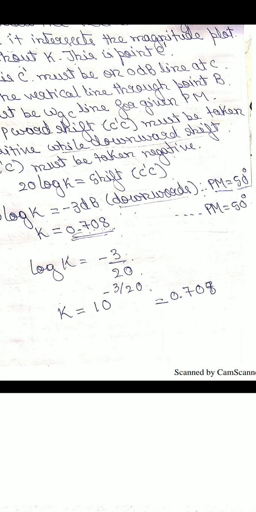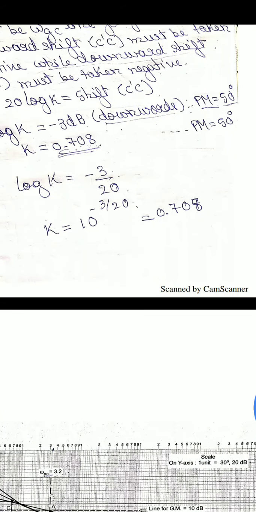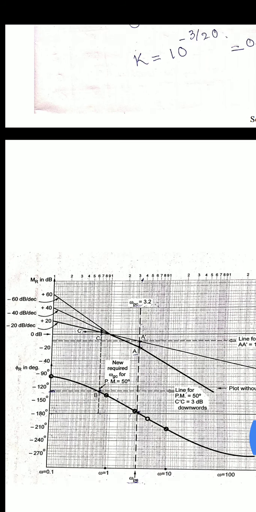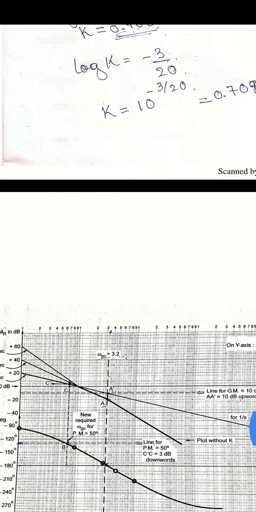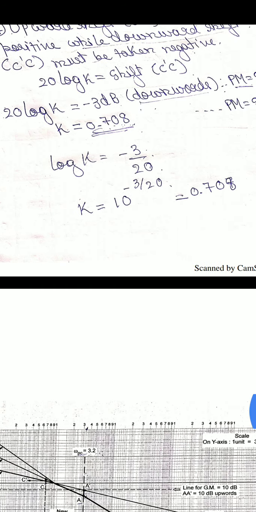I have solved here: log k is equal to minus 3 divided by 20, so k is equal to 10 to the power of minus 3 divided by 20, and you will get 0.708. The phase margin they have given is 50 degrees, but from C dash to 0 dB you will get minus 3 dB. That is what they have taken, minus 3 dB. Substitute minus 3 dB so that you will get the k value.